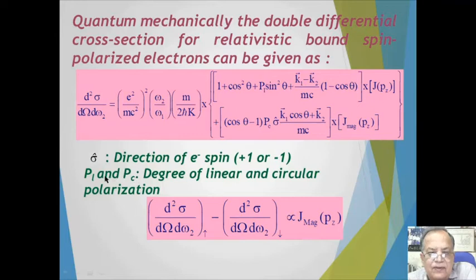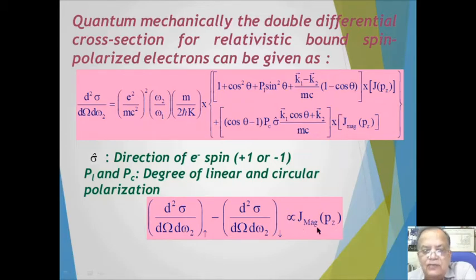Now if you take the difference of the double differential cross section for spin up and spin down directions, right? When I say spin up, the value of sigma is +1, and if I say spin down, the value of sigma becomes -1. So this sigma sits here. If I take the difference of the double differential cross section for spin up and spin down, then that is proportional to J mag (pz).